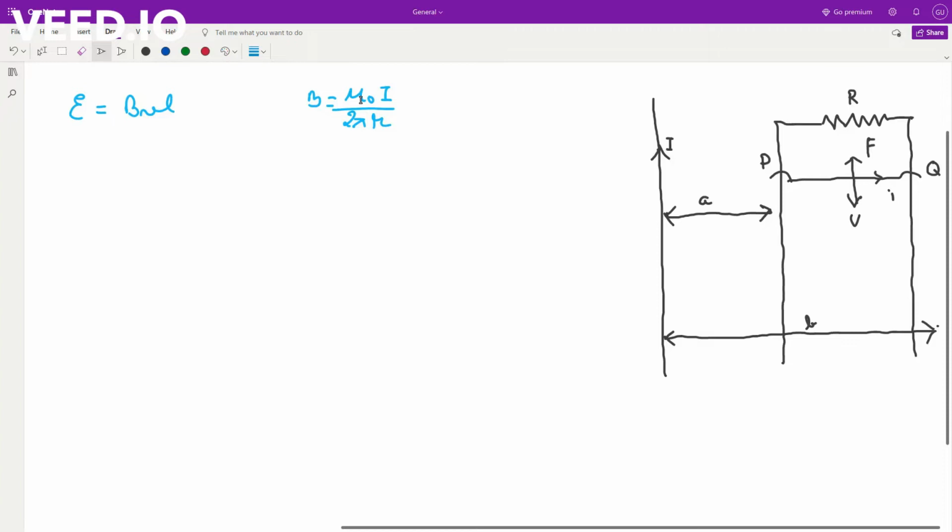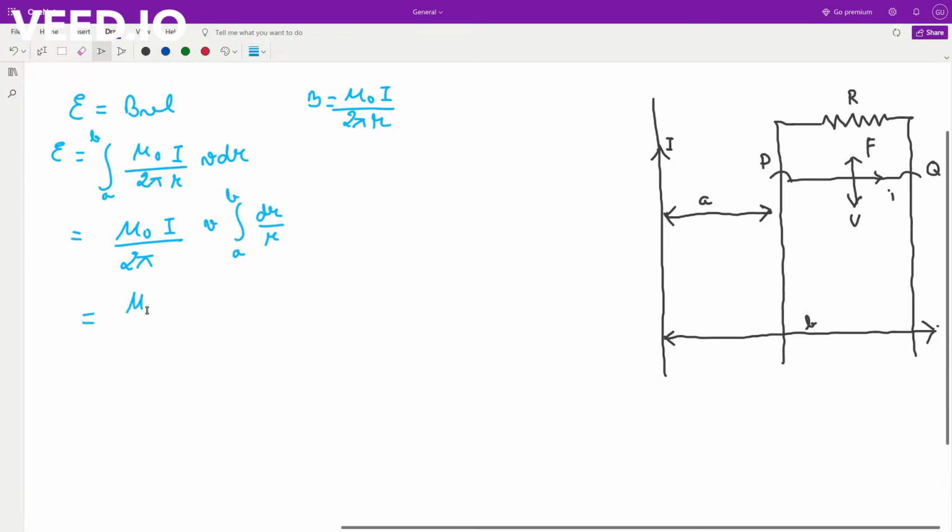So we will get E is equal to integration from A to B of mu naught I by 2 pi r into V, that is the velocity, into dr. On integrating we will get mu naught I by 2 pi into V, dr by r from A to B. The integration of dr by r is ln r.